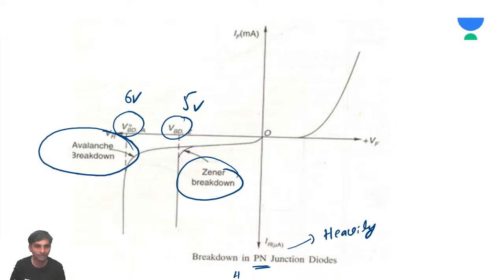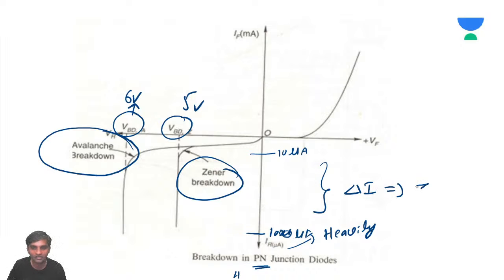For a sudden rise of current, let's say the current was 10 microamperes, even for 100 microamperes or 1000 microamperes, the breakdown voltage is constant, 6 volts only. So for a change in current, you have constant voltage.